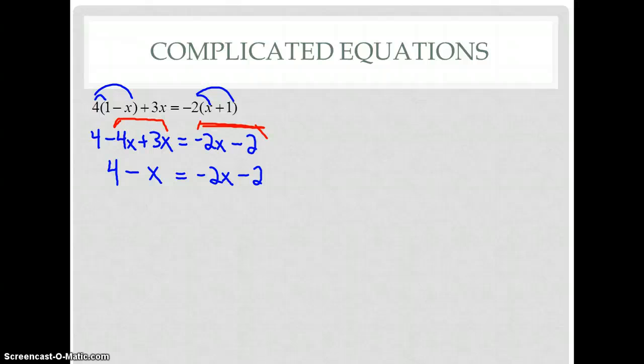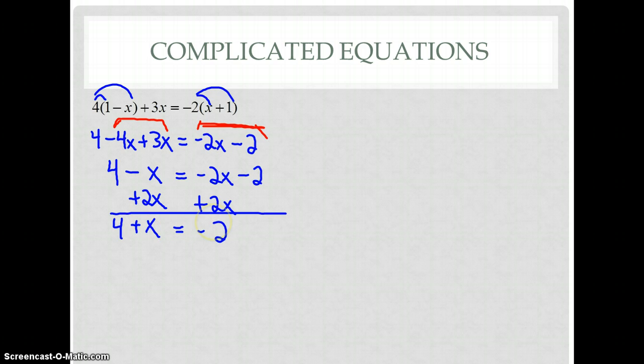Now we are in a position to where we can start to combine the variables on one side and the constants on another. I'm going to add 2x to both sides. That'll give me a positive x term here. I get 4 plus x is equal to negative 2.